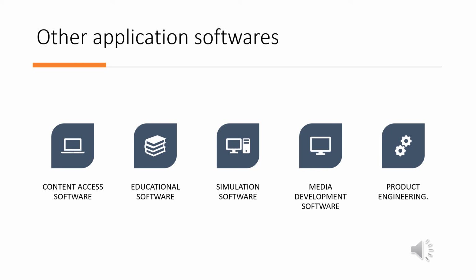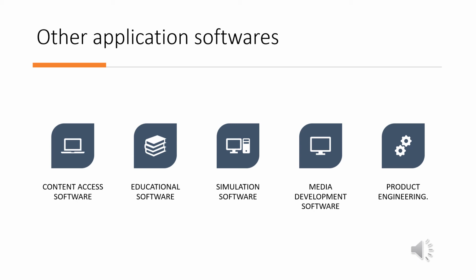Then simulation software deals with the simulation of physical or abstract things, either for research, training or entertainment purposes. For example, in some games there is a kind of simulation happening. Then media development software addresses the needs of individuals who generate print and electronic media for others to consume.